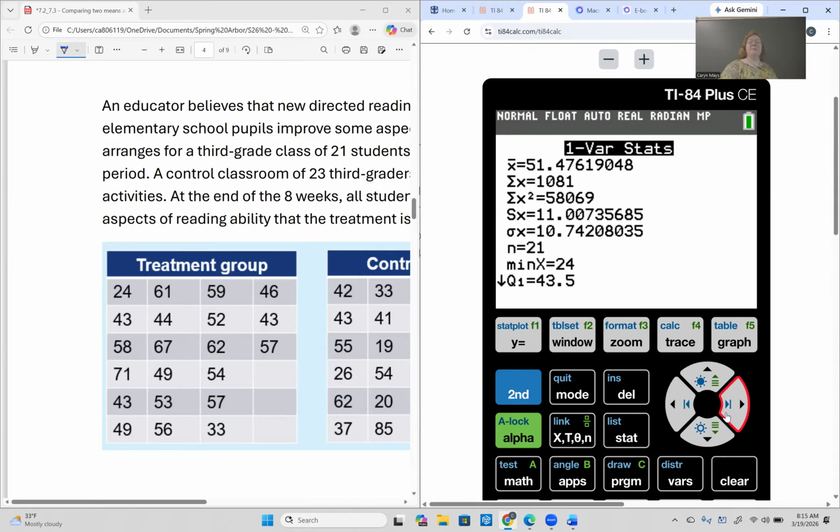Which of those is capital S? Sample. Capital S is our sample. The sigma is if this was the whole population. That's the population standard deviation.